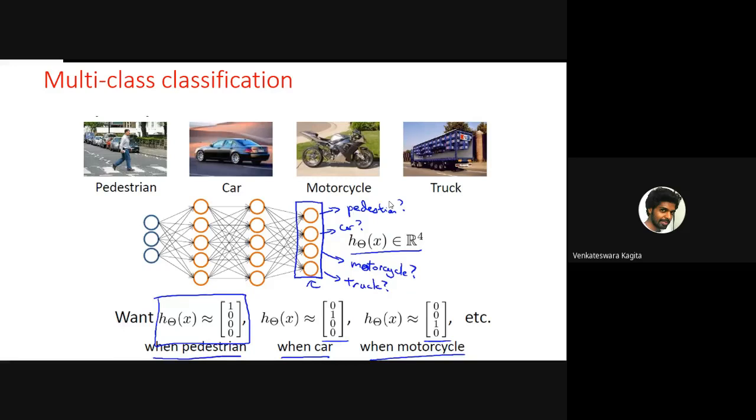The vector 1000 represents the pedestrian, the vector 0100 represents the car, the vector 0010 represents the motorcycle, and the vector 0001 represents the truck. That is how you model a multi-class classification problem. So in the output layer you will have multiple output neurons, as many as the number of classes in the data set.